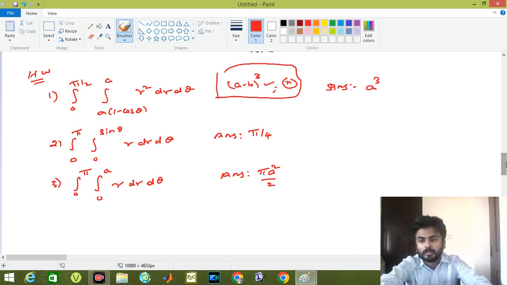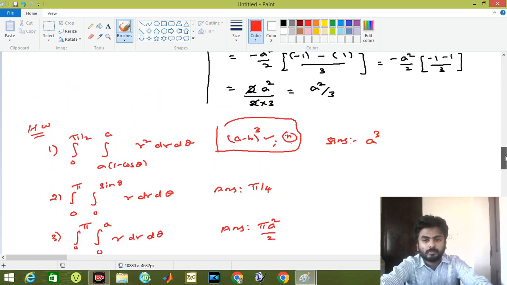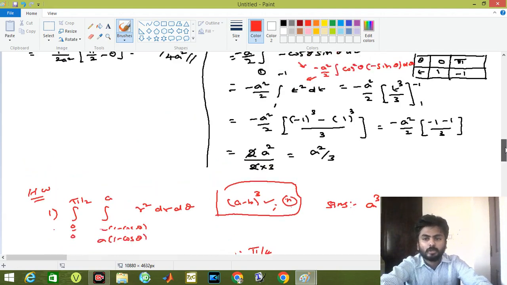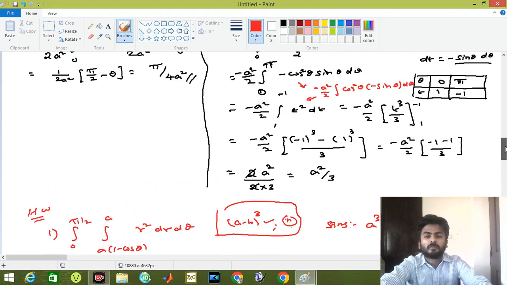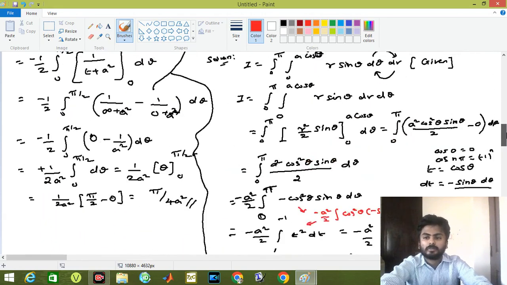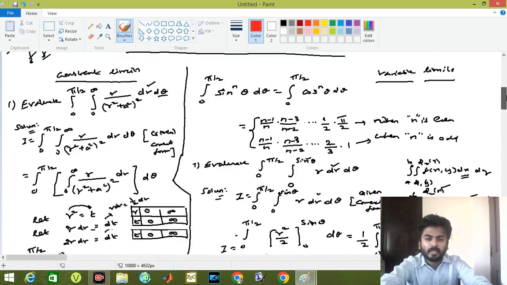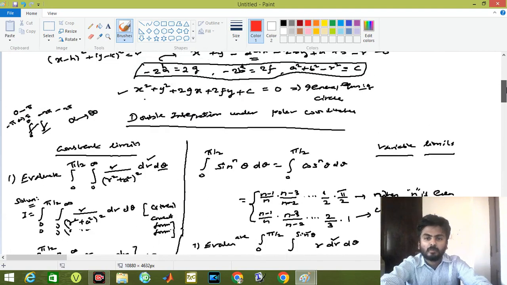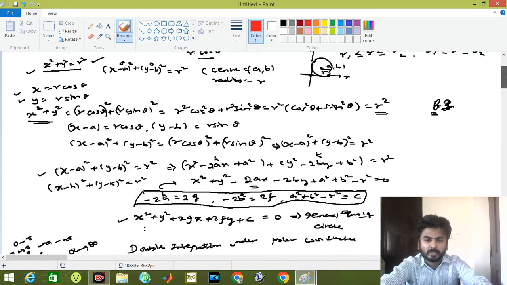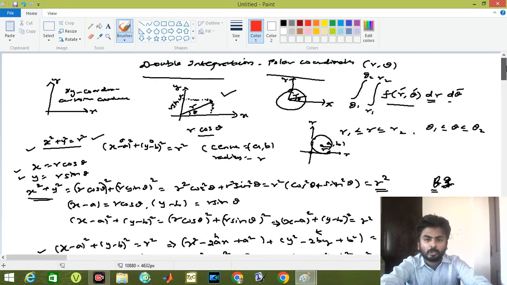So dear students, I hope you all understand the problems and the basic concept about double integration under polar coordinates with constant and variable limits. So go through this and write everything, because some of the things I could say but it is not possible to write.